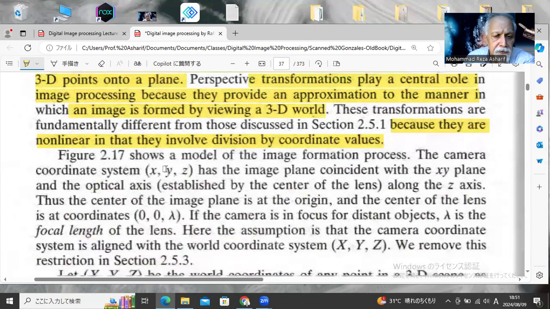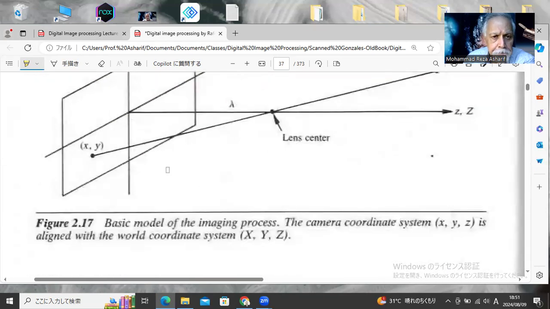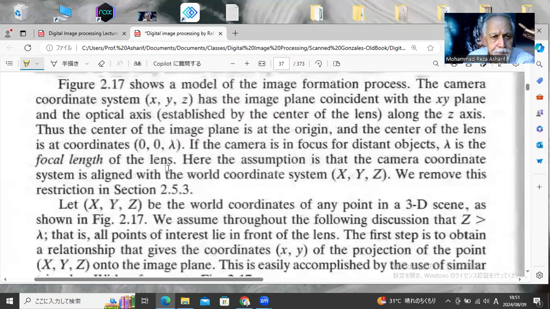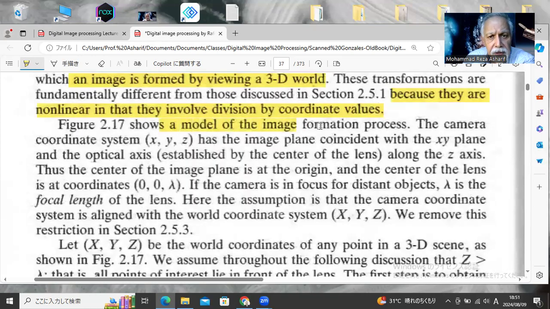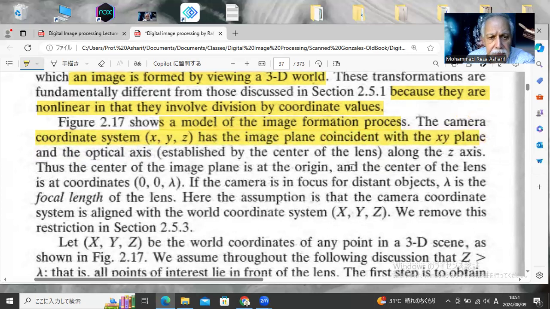Figure 2.17 shows a model of this transformation process. The camera coordinate system is XYZ. The image plane is coincident with the XY plane.